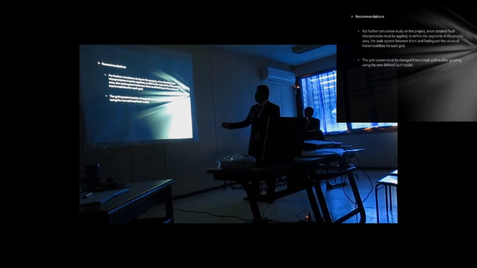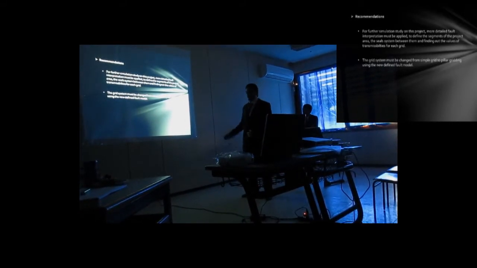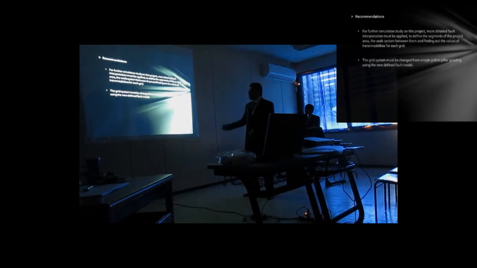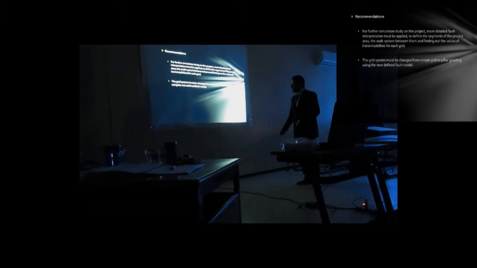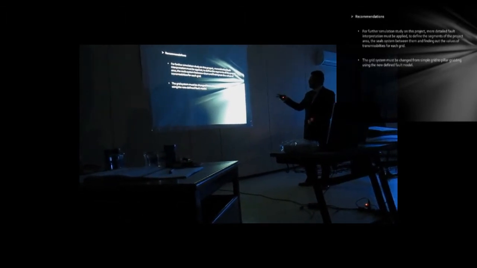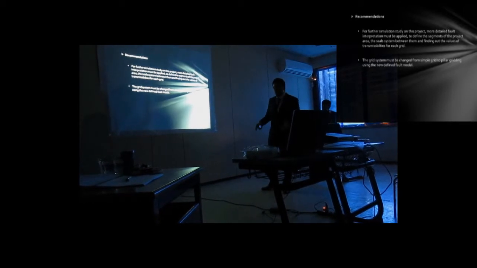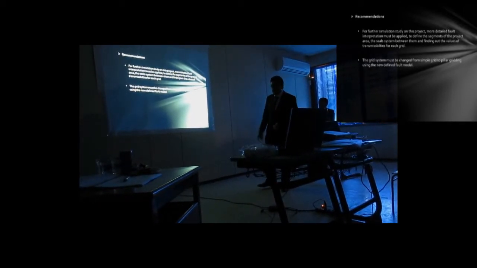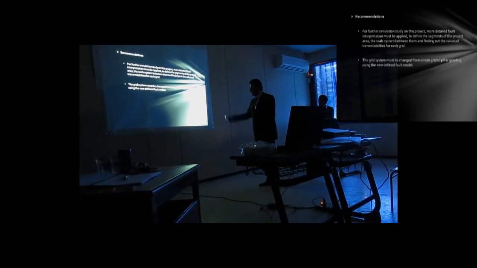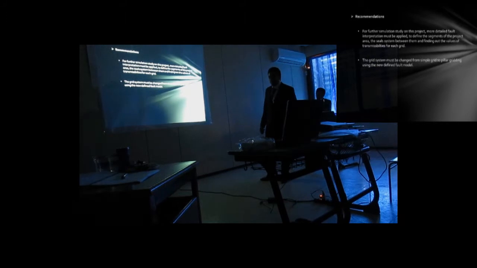The corner point is better in giving a real or ideal case for our 3D model, but we couldn't use it because the faults are limited in number. So we need to make more faults in the area and close the area with borders, with faults, so you can use the corner point as your gridding system. The grid system must be changed from simple grid to pillar gridding using the newly defined fault model.